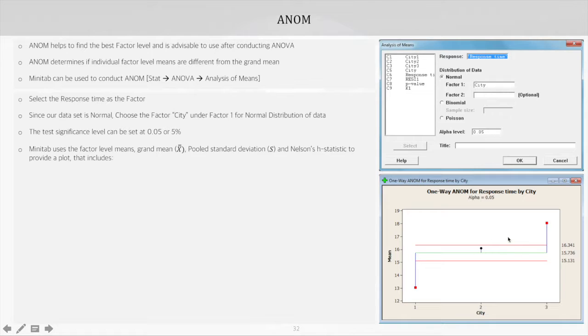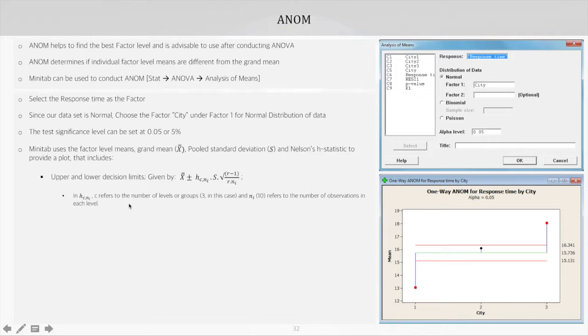Now this is the plot for analysis of means. We can see these two red lines, which are nothing but the upper and the lower decision limits, and it's given by this formula. In this formula, in the term h(α, c, Ni), c refers to the number of levels or groups.